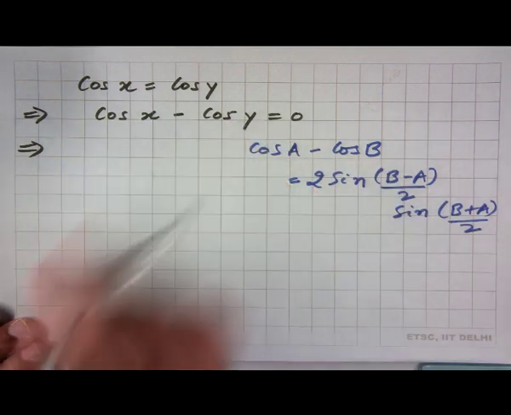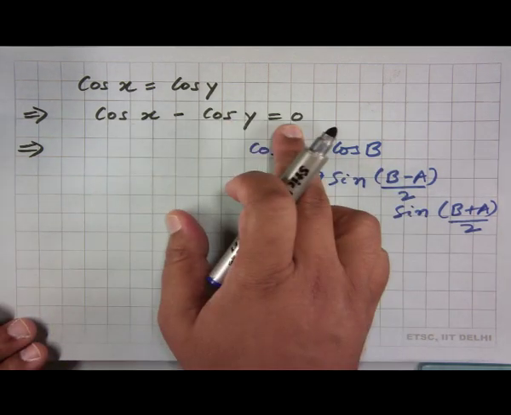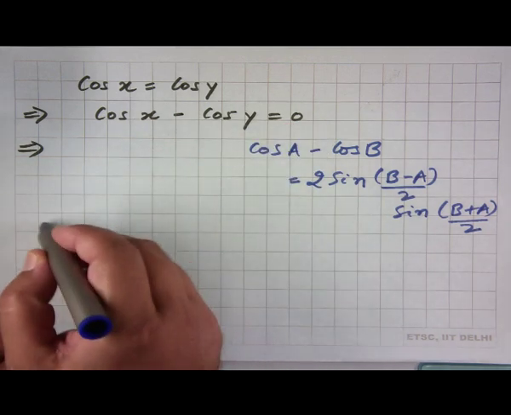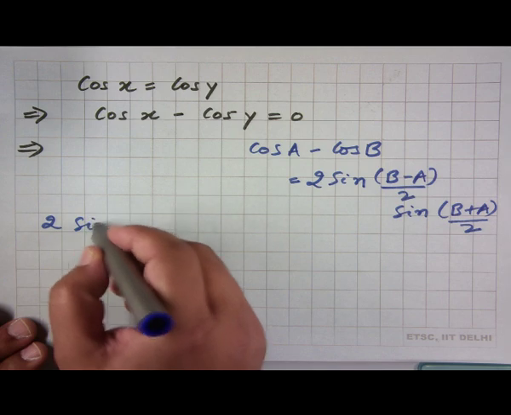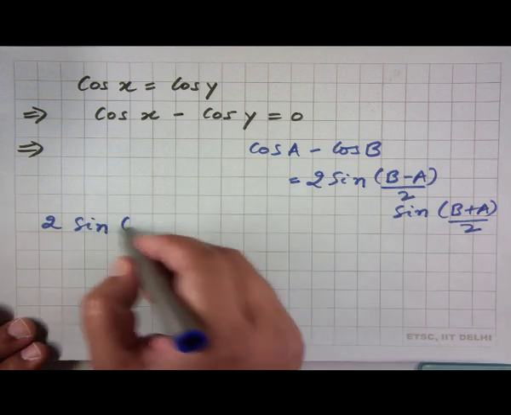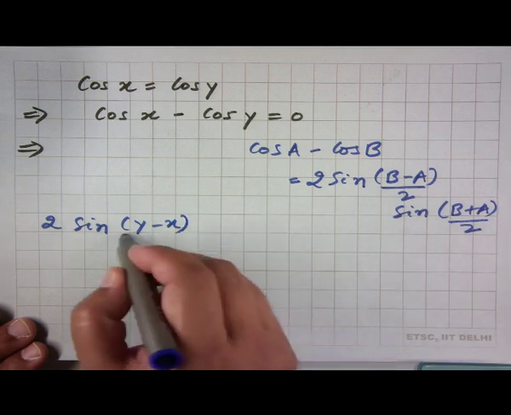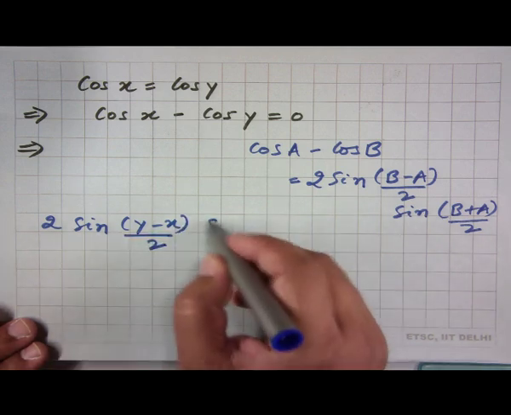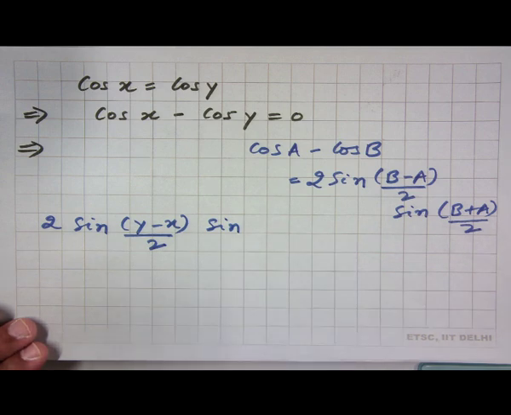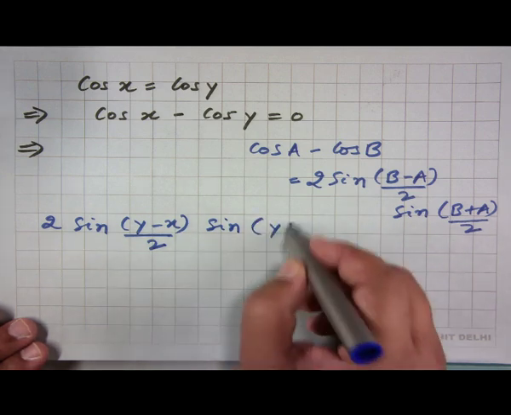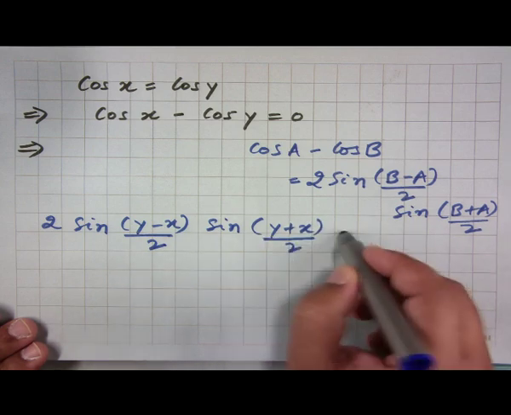So, what we get is cos x minus cos y equal to 0 is the same as writing that 2 times sine of (y minus x) over 2 into sine of (y plus x) over 2 is equal to 0.